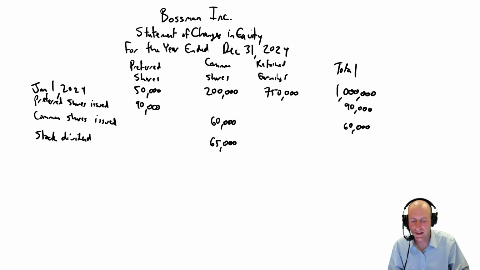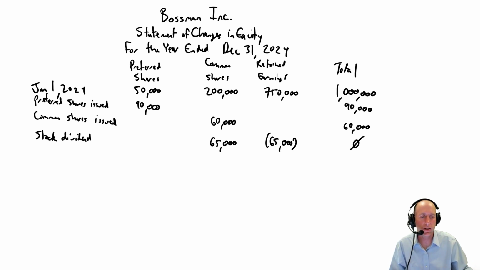Now, interestingly, we issue common shares, but it also hurts our retained earnings because we're paying a dividend. When you pay a dividend, it reduces your retained earnings. So we'll deduct 65,000 there. So the net effect here is actually zero. And that's the way of stock dividends as well as stock splits. There's just a net effect here of zero. A stock dividend doesn't affect the company's shareholders' equity at all.